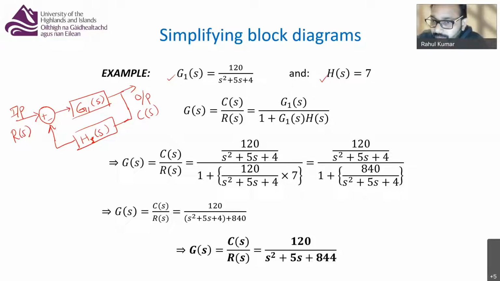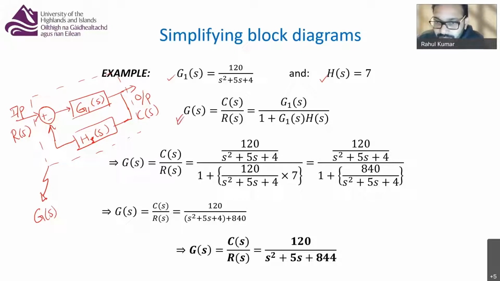Okay, so if I have to reduce or simplify this block diagram and replace this closed loop system, all these blocks with the summing junction, by a single block, what I will do is use the formula which we have just discussed.